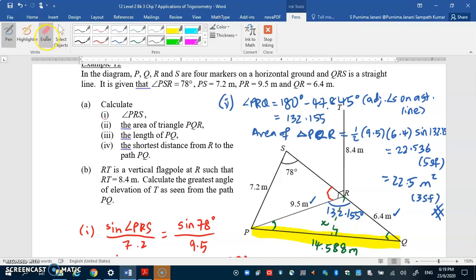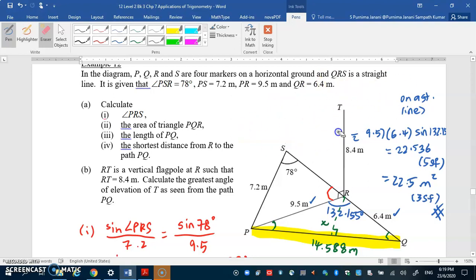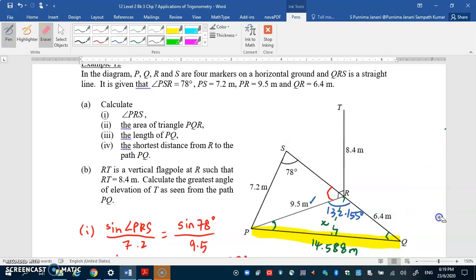Now, so, let me just erase all this. Now RT is standing upright, okay, a flagpole standing upright on the ground. So you imagine if you place your pen on your paper vertically, that is RT, it's standing upright on a flat surface.